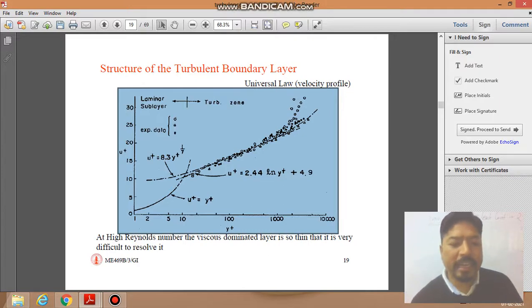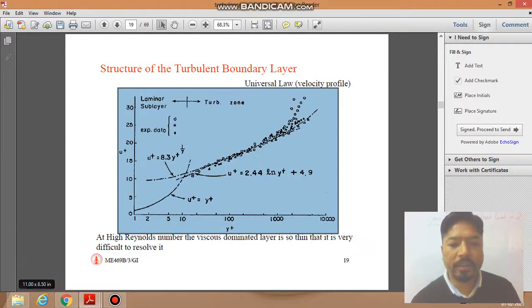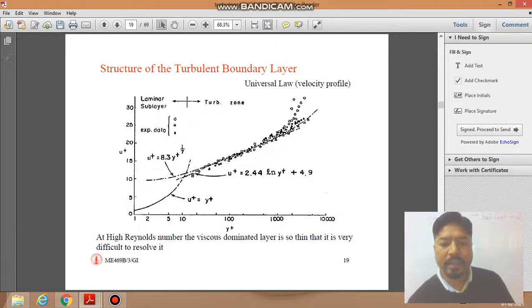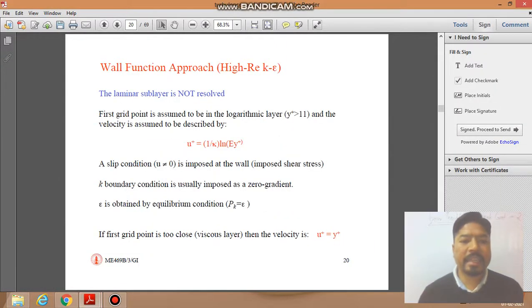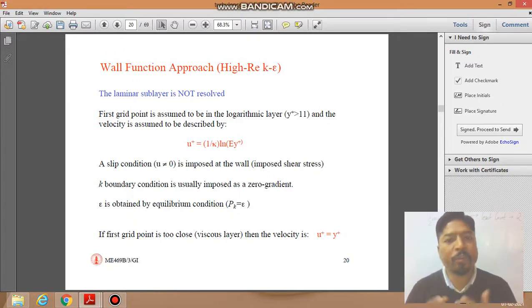Here you can see that in our next slide I will show how to approach this. There are different approaches followed by different researchers and investigators to capture that wall region, because in the last lecture I told you to understand the concept of boundary layer.